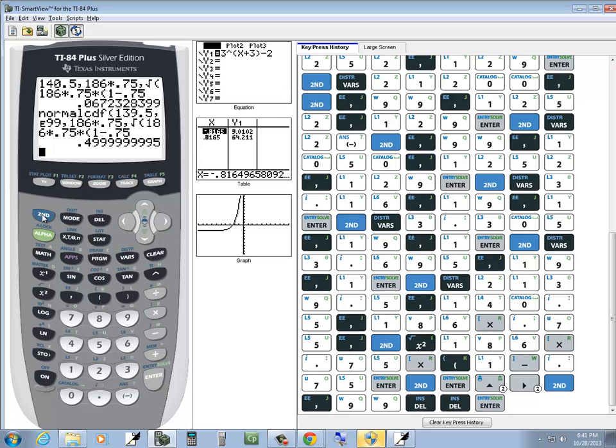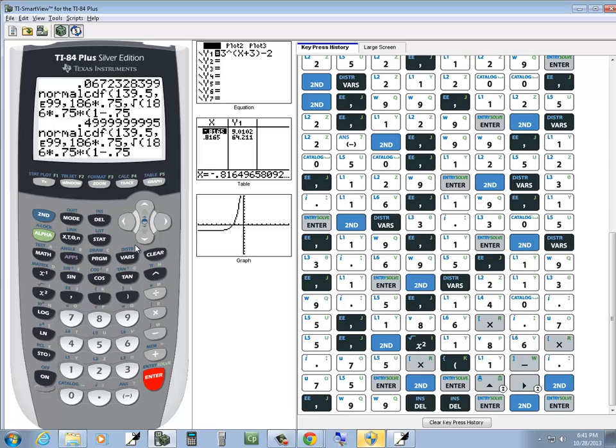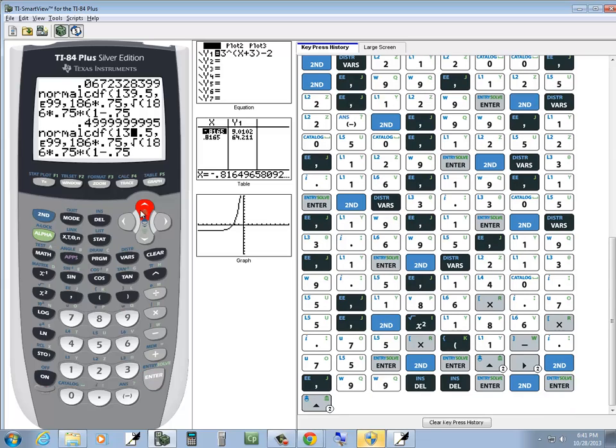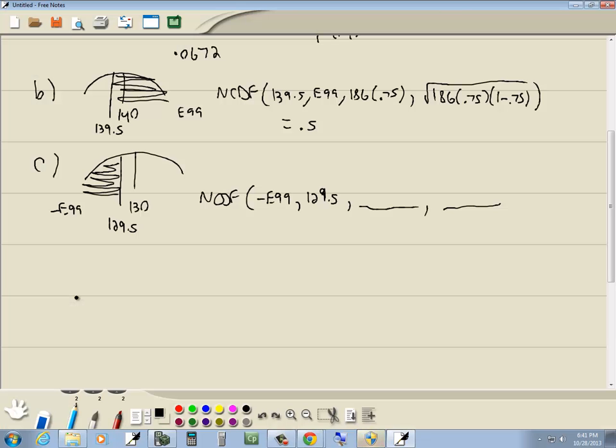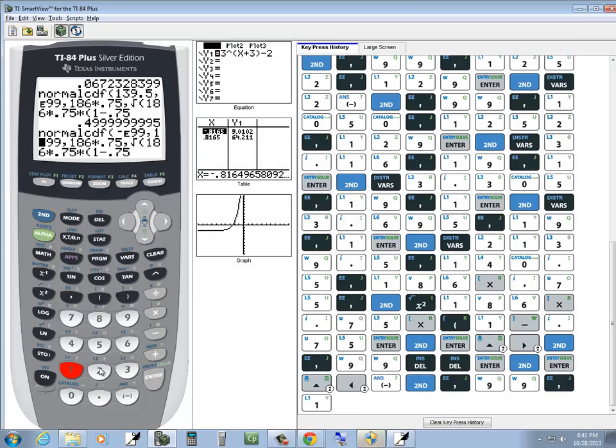Okay, so I'm going to do a second enter to bring up previous entry. Change 139.5 to negative E99, so negative second comma 99 comma 129.5.